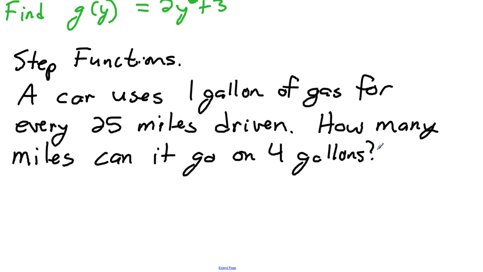They call it a step function. They try to make it out to be something bigger than what it is, but it's really pretty straightforward. One gallon will go 25 miles, so you're just going to do 25 times 4. You go 25 miles on 1 gallon, and for 4 gallons you're just doing it 4 times. So 25 times 4, there you go. That's 100 miles.